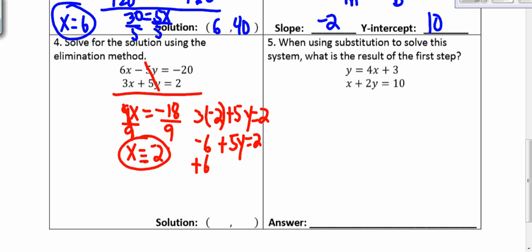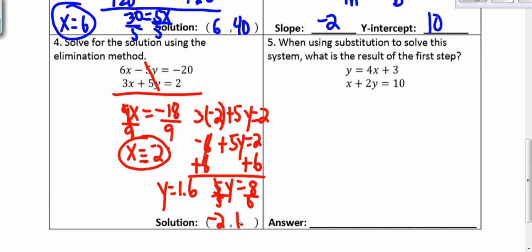Then you add 6 on both sides because remember, you're trying to get the y alone. So you have 5y equals 8. You divide by 5, and you have y equals 1.6. So you have (negative 2, 1.6) as a solution.